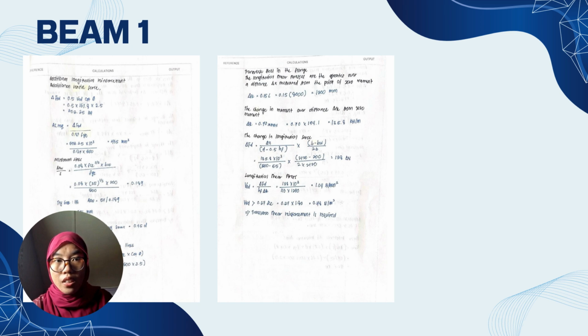Next, we calculate the maximum bending moment using the standard structural formula, which is M equals WL squared over 8. From this calculation, we obtain the moment value which is used for designing the reinforcement.